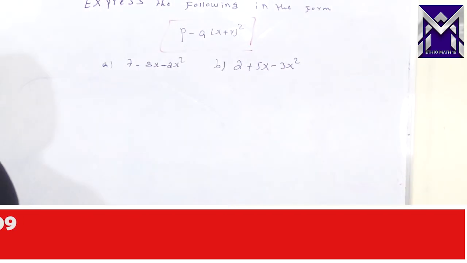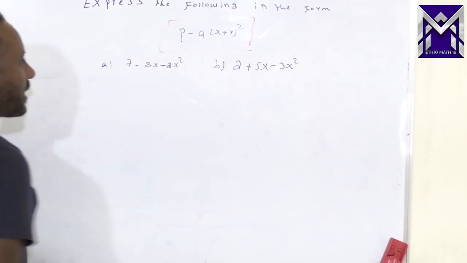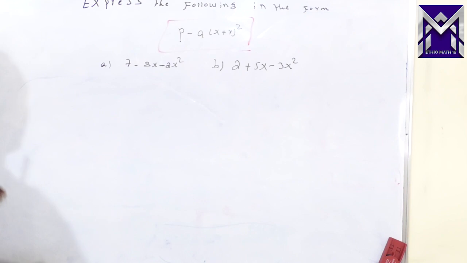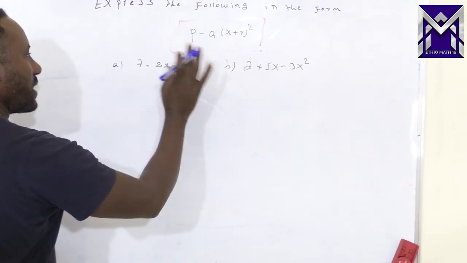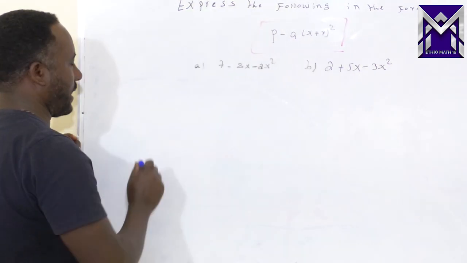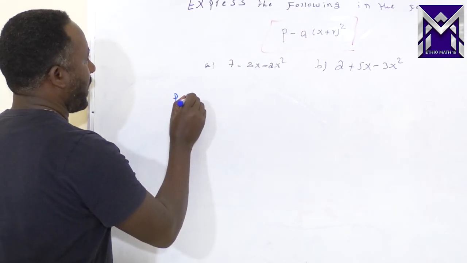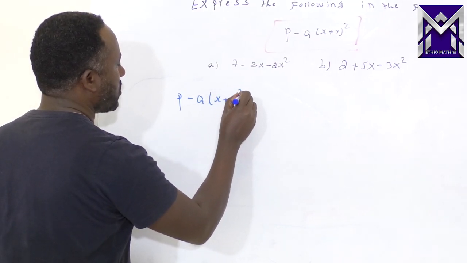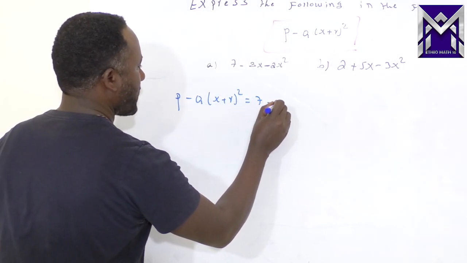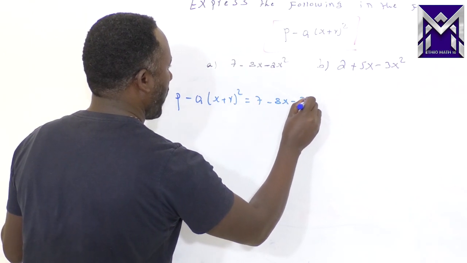Well, look. What should we do to describe this in this form? Let's assume that this and this are equal. So this means p minus q into x plus r, the whole square, should be 7 minus 8x minus 2x square.